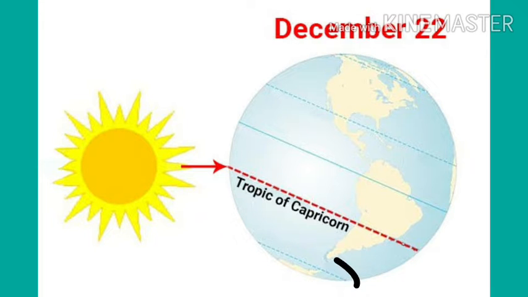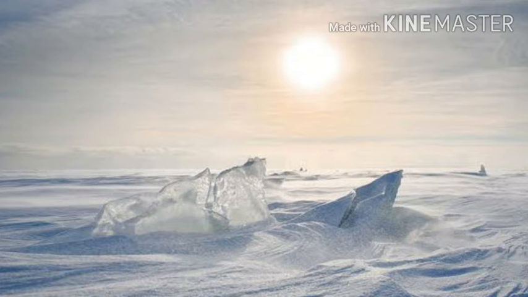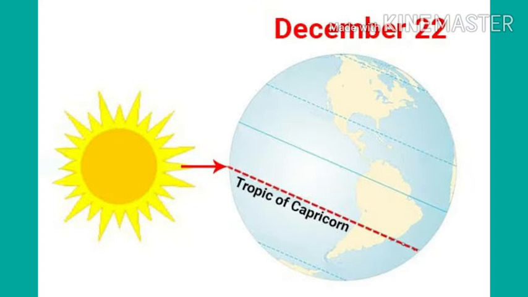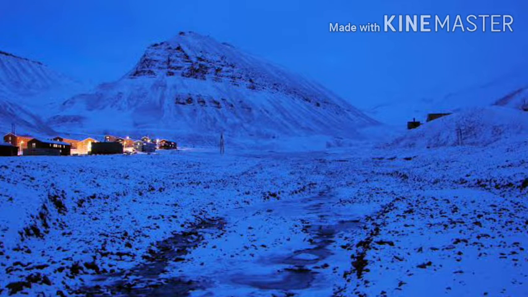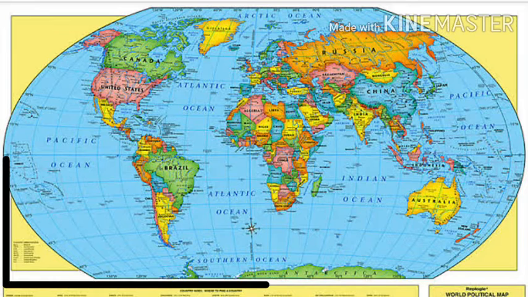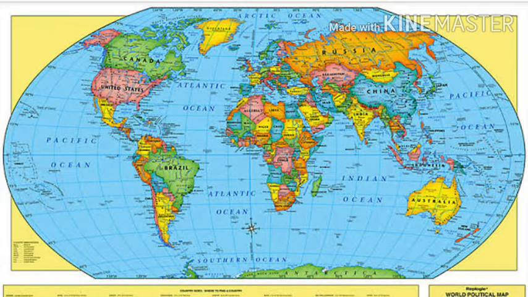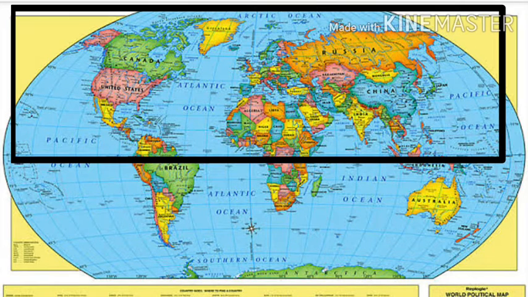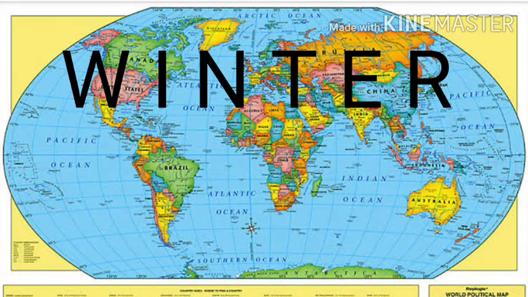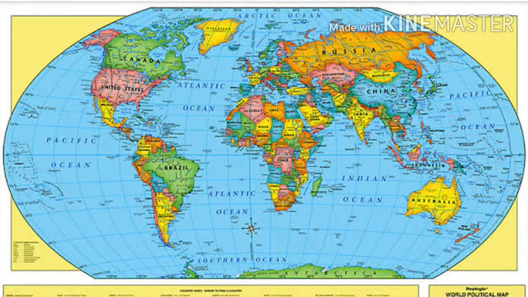During this time, the South Pole experiences day for continuous 6 months and the North Pole experiences night for continuous 6 months. And the countries located in the southern hemisphere experience summer, and in the northern hemisphere experience winter during winter solstice.